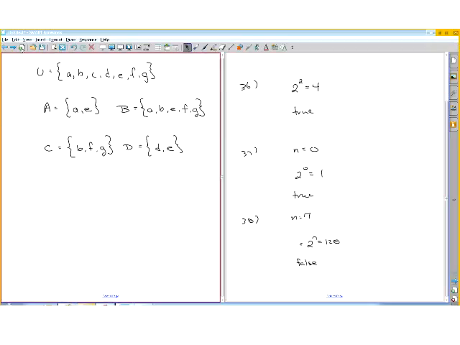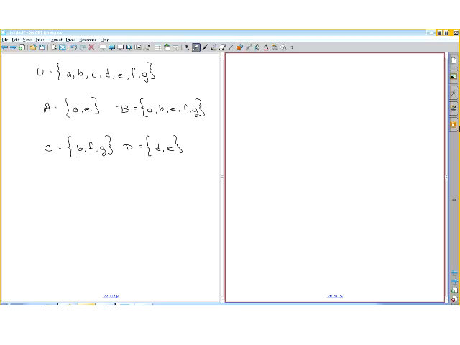Okay, and then the last 2 are to do with the Venn diagram. The Venn diagram below correctly represents the relationship among sets A, D, and U. So U is the universal set. That's the square. Based on the Venn diagram, it says that A is a subset of U, because the blue circle is inside of the black circle, and also that D is a subset of A. So is this true?